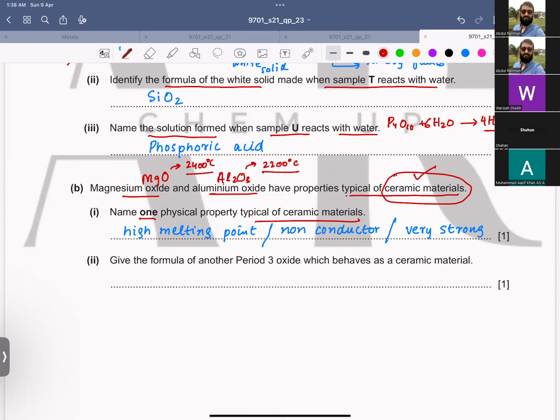These are not the exact figures, I'm giving you round figures. An important thing to know is that magnesium oxide is so strong that it is used to line the inner walls of furnaces, because it is thermally stable. It cannot be broken down or decomposed very easily if we provide heat.